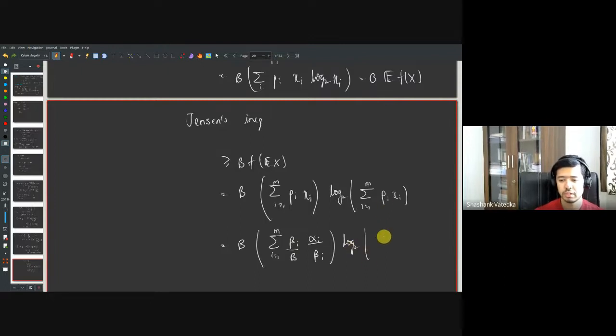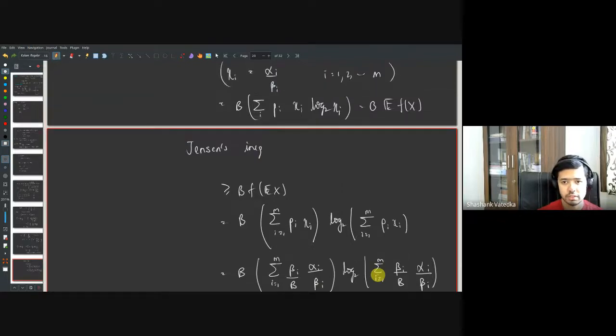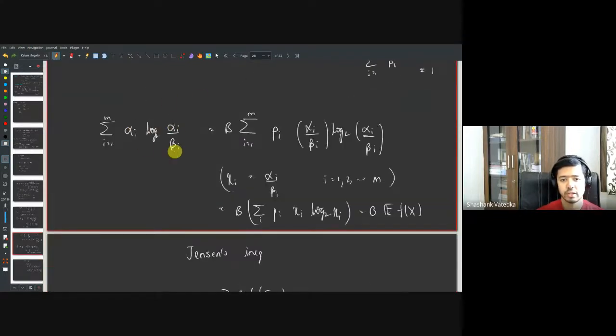Let me substitute that in here as well. Summation i equal to 1 to m of beta i by B times alpha i by beta i. All right, so all I've done is, I had alpha i log alpha i by beta i, and I just multiplied and divided it by a couple of quantities to make sure that it looks like expectation of x log x.